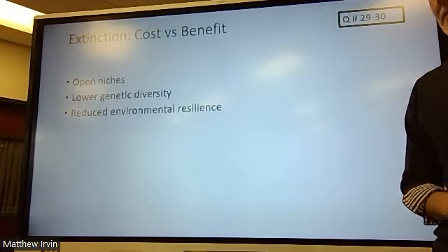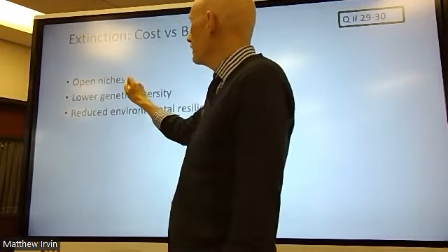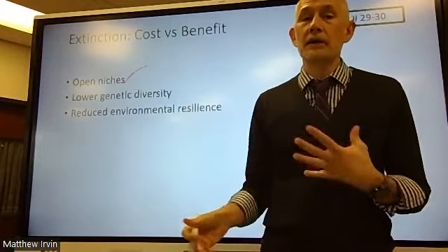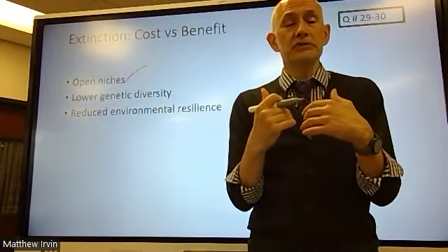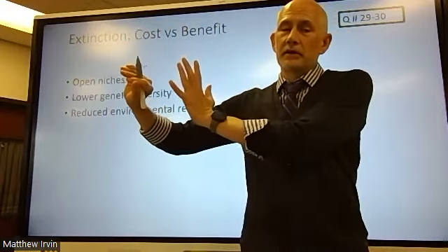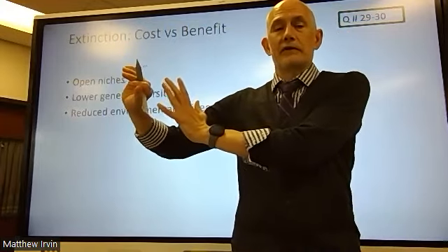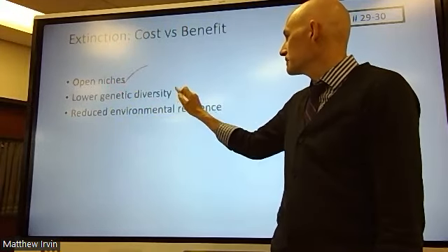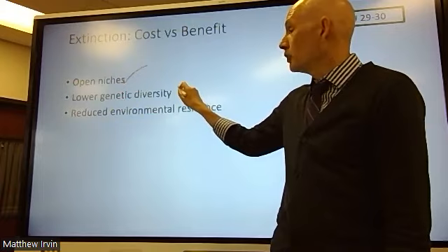Extinction can be good. If you get rid of one species, it can open up a niche for others. So we talked about competitive exclusion. If you get rid of that strong competitor, then that weak competitor can move in and have a larger niche. However, this does lower the genetic diversity of the community.